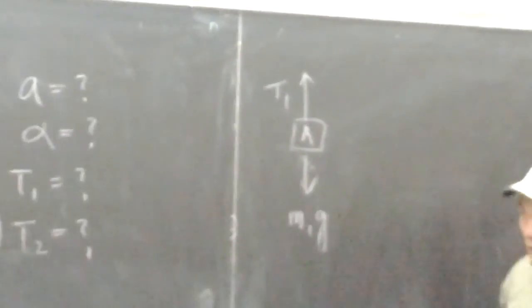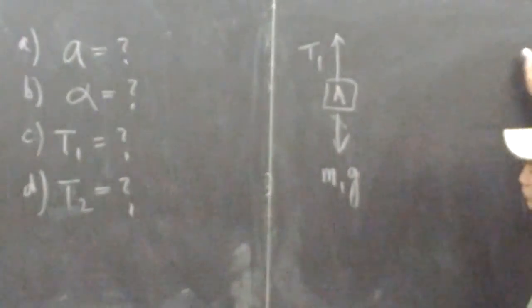Between the two, which one is larger? The weight, right? The weight is going to be greater, so you have M1G minus T1, and this is the net downward force on A.